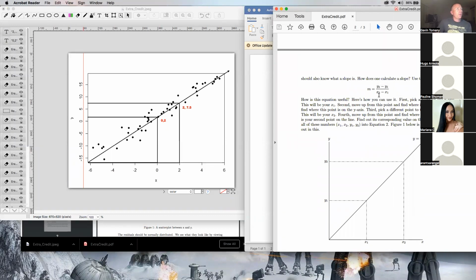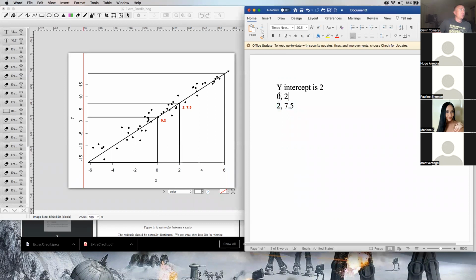So now we need to figure out the slope. And this is where we have m equals y2 minus y1 over x2 minus x1. So these are our x's and these are our y's. So we type that in the Word document, right?